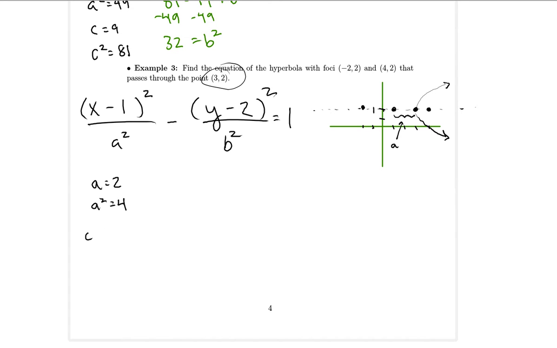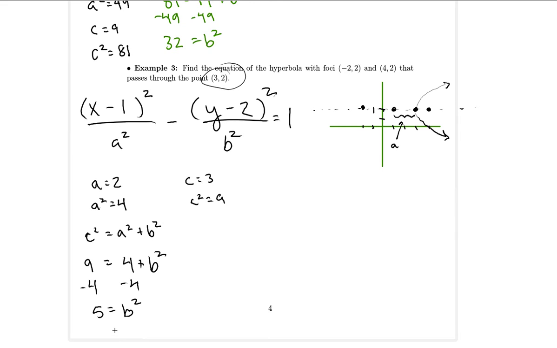And then, of course, we use our equation, c squared equals a squared plus b squared. We know c, because c's distance from the center is 3. So c equals 3, and c squared equals 9. So we have 9 equals 4 plus b squared, so b squared is 5.